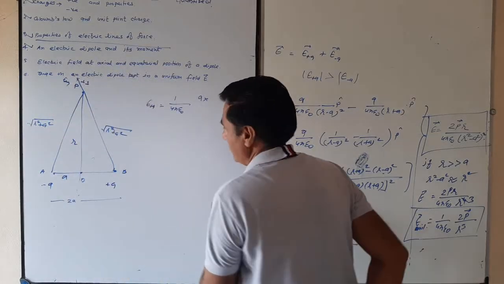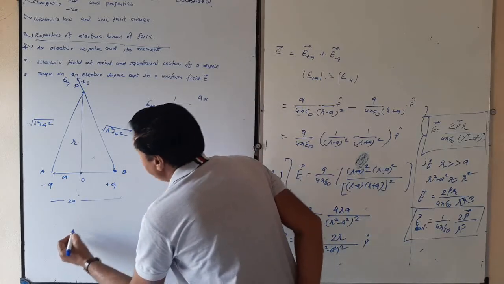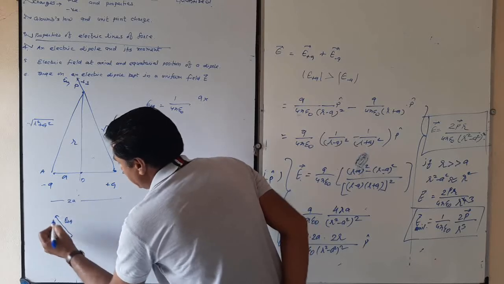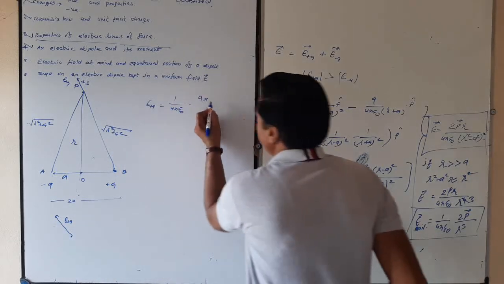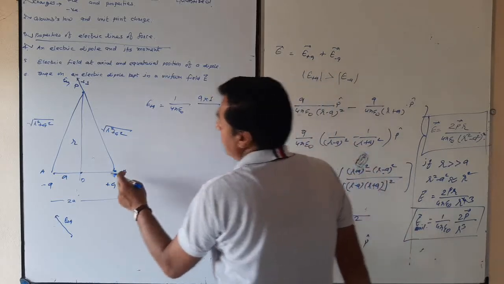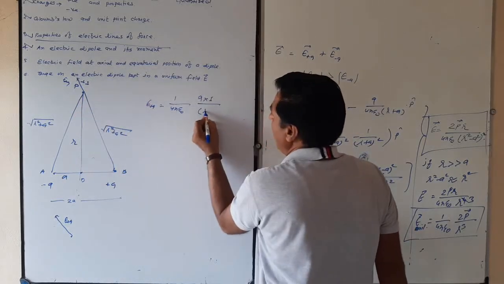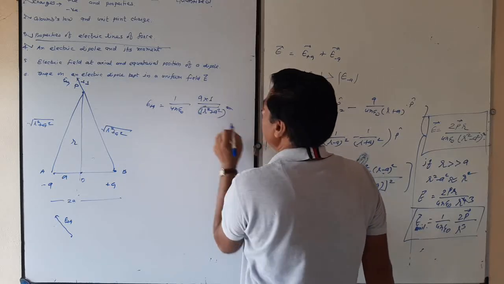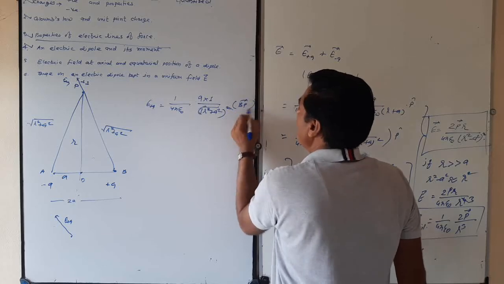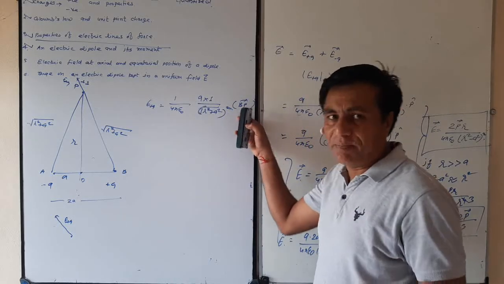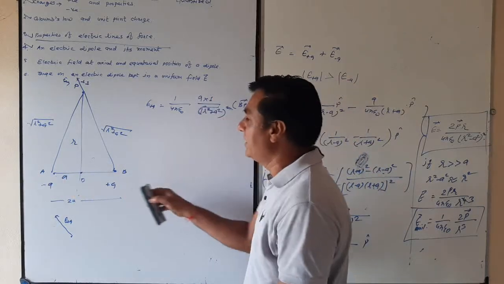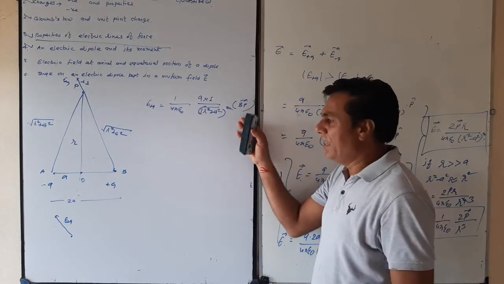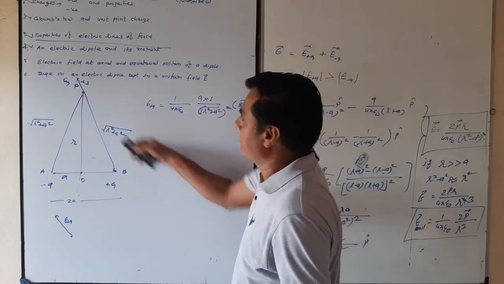Clear? Means point P experiences E plus Q intensity. Now Q dot 1 upon BP square. What is BP square? R square plus A square, square root cancels along BP. You cannot mention it in terms of P cap because P cap is only that direction, it is not along P cap. So directly mention it as along the BP vector.